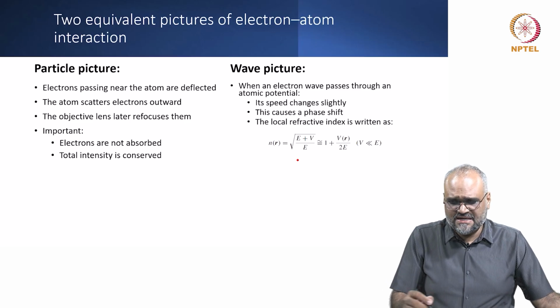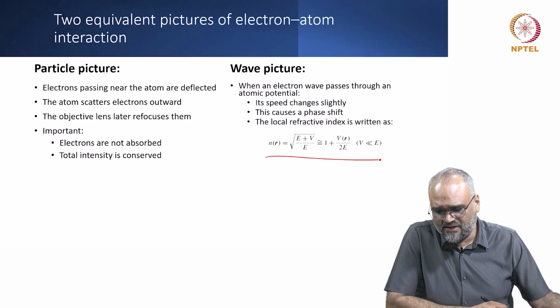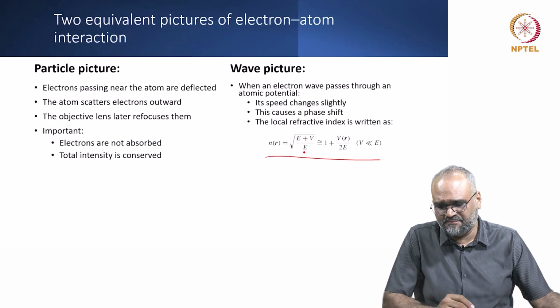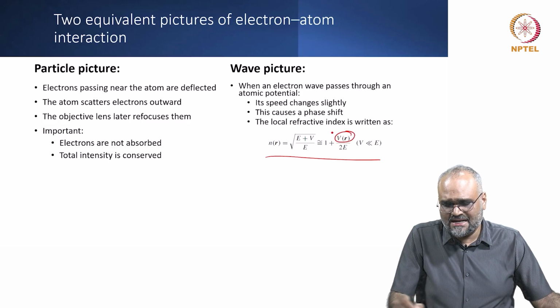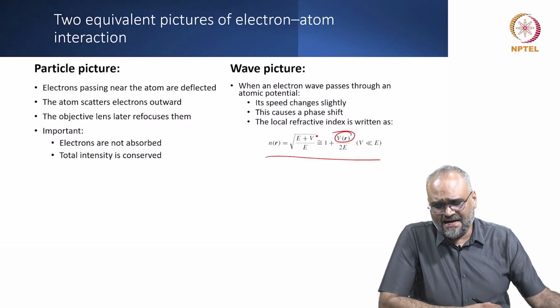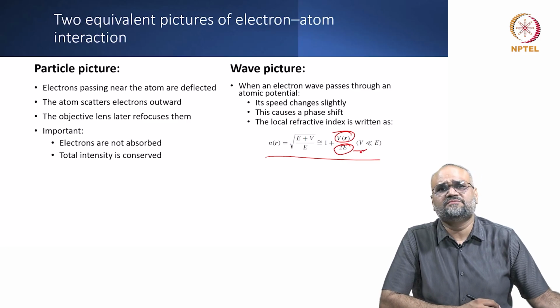This can be defined as n of r, or eta of r, having an expression of the form square root of E plus V over E, where V of r is the electrostatic potential of the atom and E is the accelerating voltage of the electron.